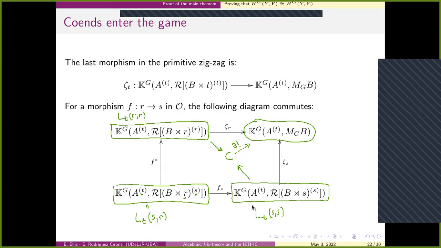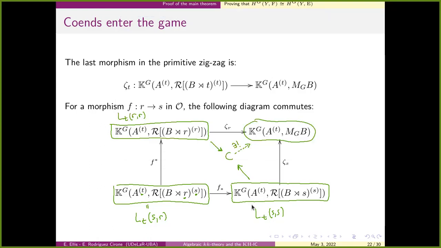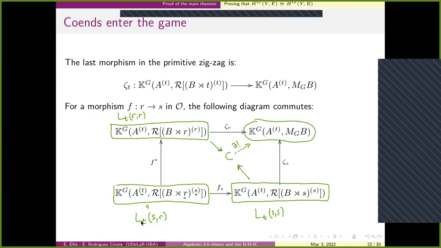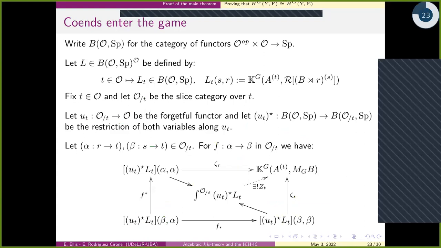For technical reasons that I will try to explain, we will take coends over a slice category. So let us explain that. Write B of O^op times O for the category of functors from the opposite category of O times O to spectra.